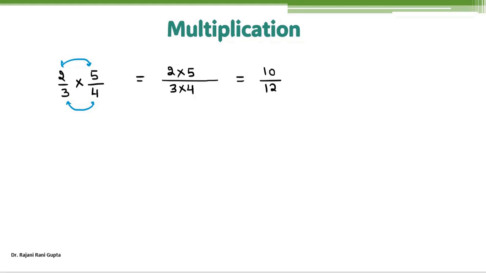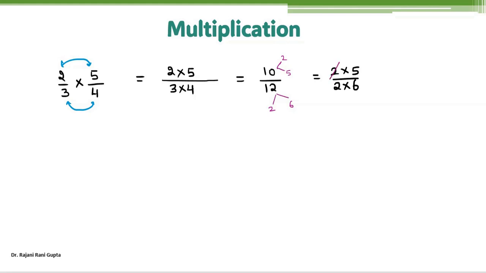Now, it is always necessary to convert the number into its lowest form. For that, you know that you get 10 when you multiply 2 with 5, and you get 12 when you multiply 2 with 6. So we have 2 times 5 for 10 and 2 times 6 for 12.